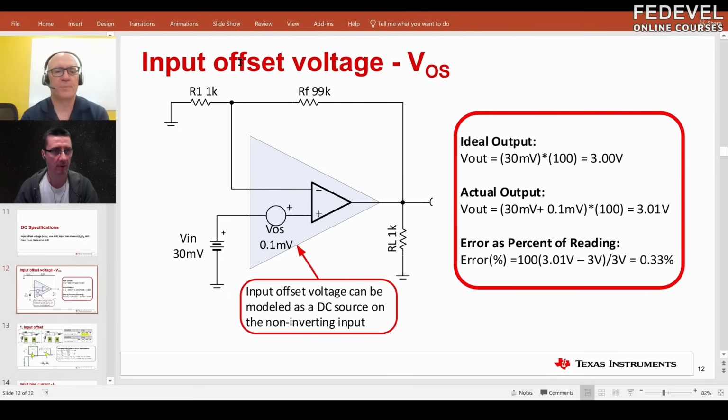When you're selecting the amplifier, you usually have an error target. I want to keep the error less than 1% or something like that. You would look through the amplifiers to consider how those specs impact my overall error.